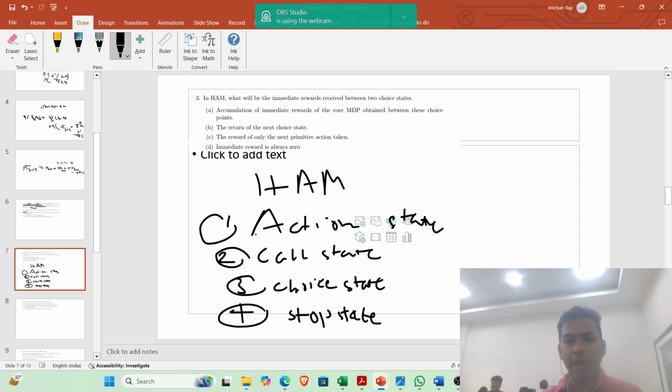The action state denotes that you have reached a state where you have to take a primitive action. Here there's an important concept.